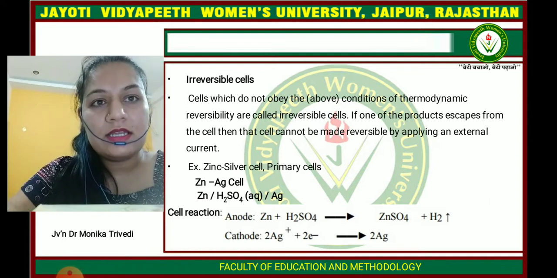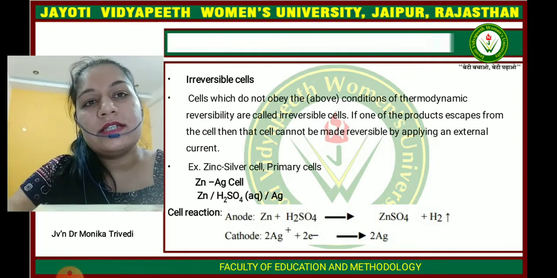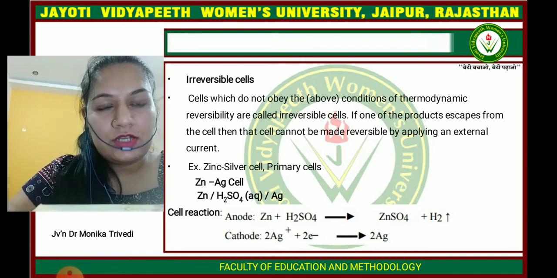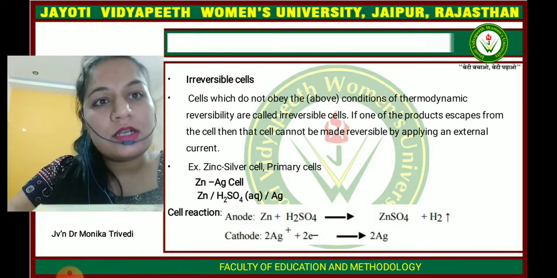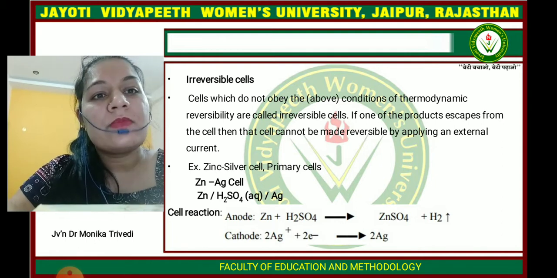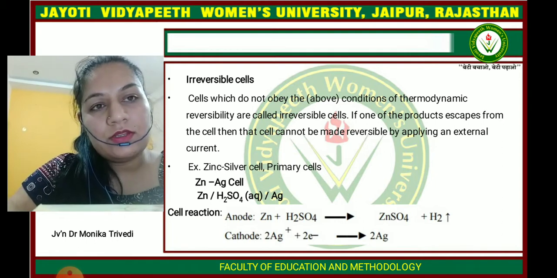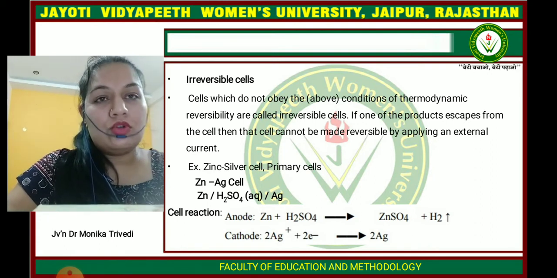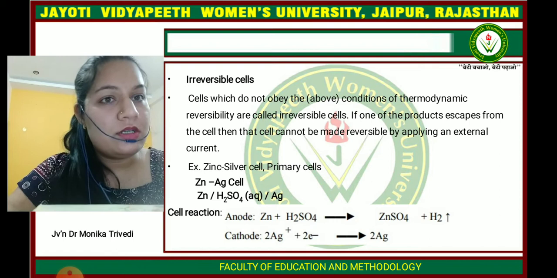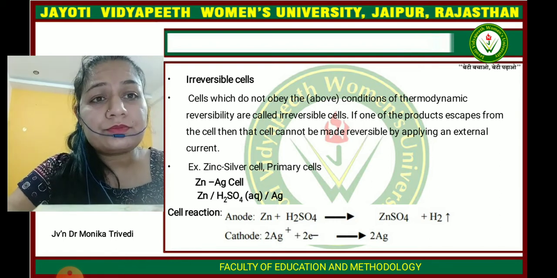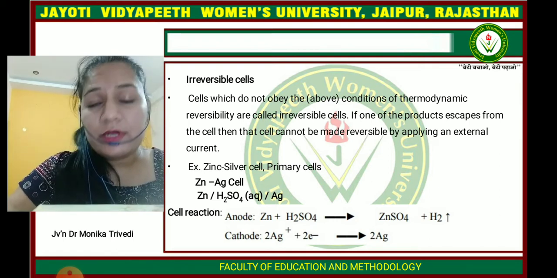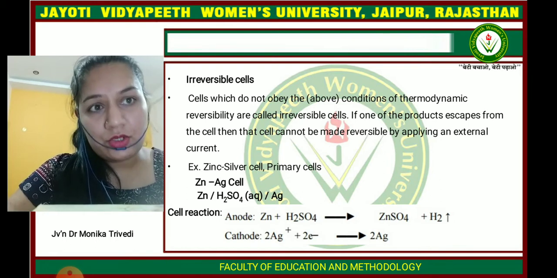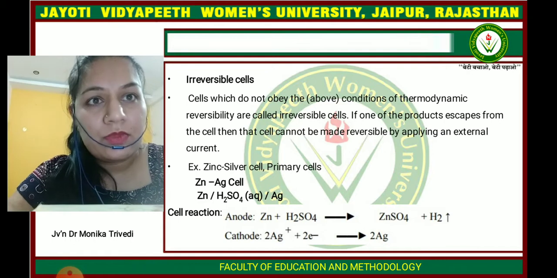In this kind of reaction, at the anode Zn combines with H2SO4 and gives ZnSO4 and H2, and at the cathode two moles of Ag+ by gaining 2 electrons convert into two moles of Ag.